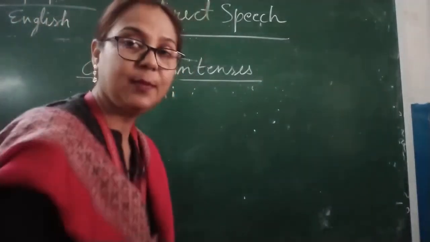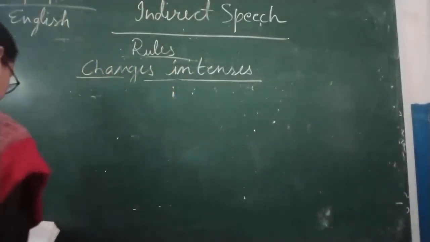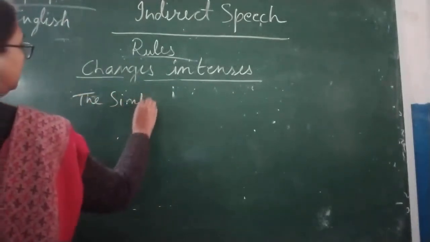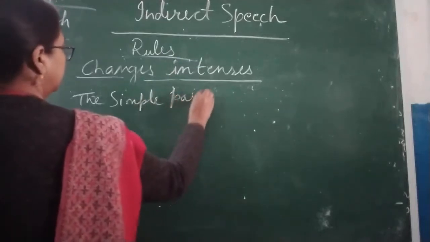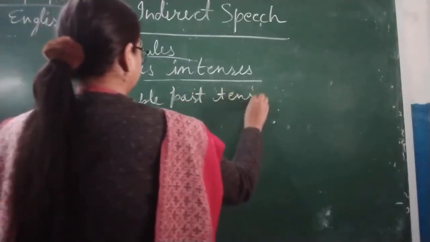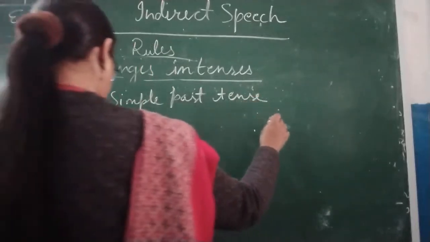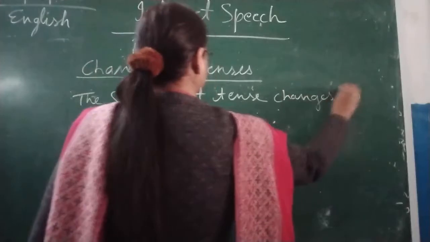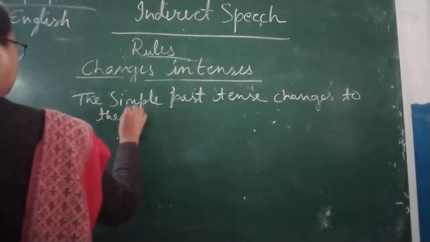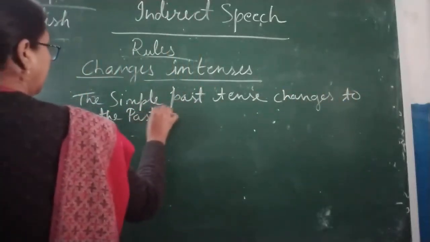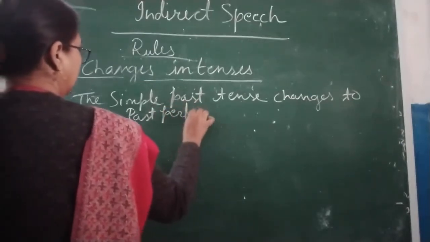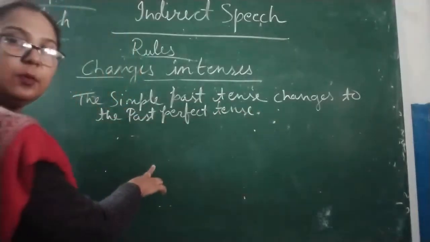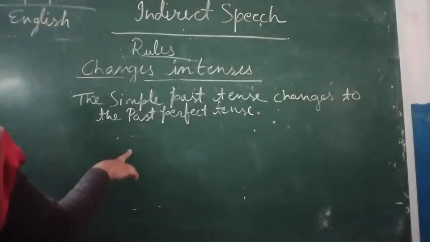Next rule: the simple past tense changes to the past perfect tense. Okay. Now I'll give you one example, children.